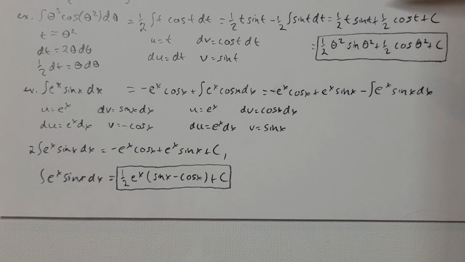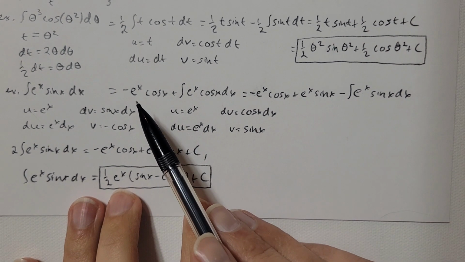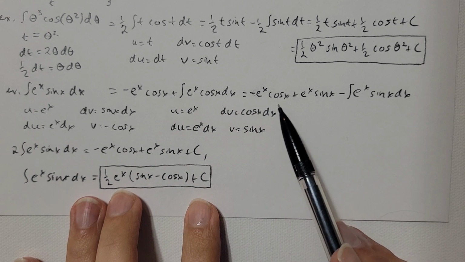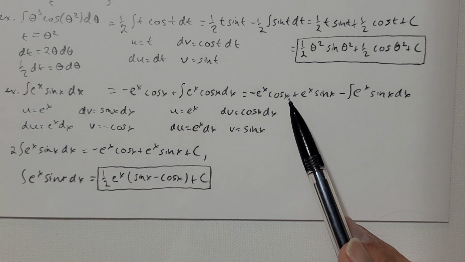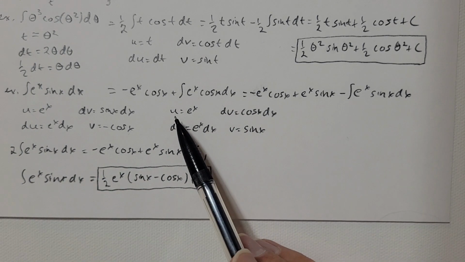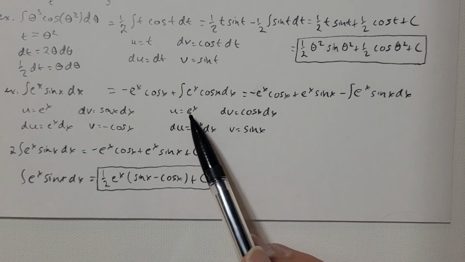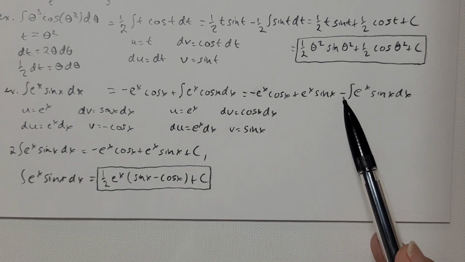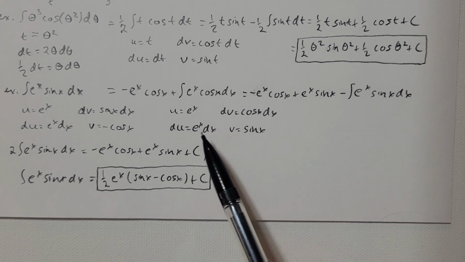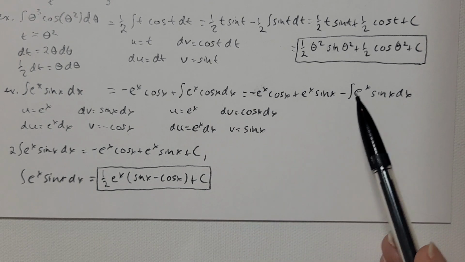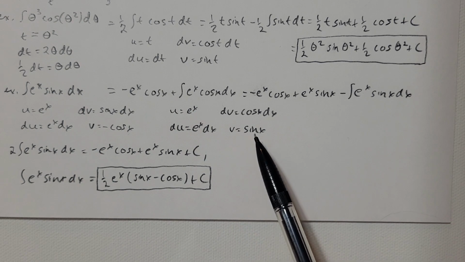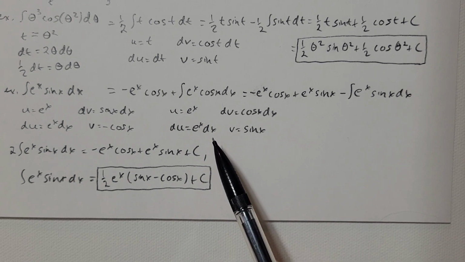So I'm going to have negative e to the x cosine x plus u times v, that's e to the x sine x, minus the integral for v du, so minus the integral for e to the x sine x dx.